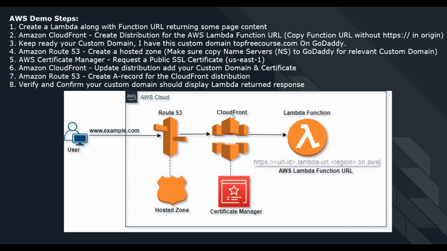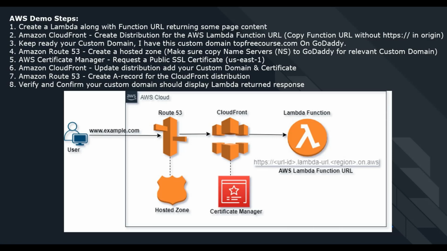So here is the complete architecture I am going to demonstrate in this demo. Say for example, we will create one Lambda function, and we will add a function URL to that Lambda function that will be publicly accessible.